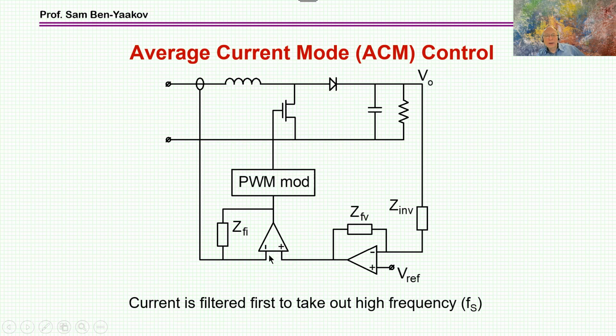And this is why this is not that popular, although it can be done. And some systems work like that, but it is a possibility. The concept is still reducing the order of the system. The compensator is accordingly simpler, but again, it loses some of the highlights of the peak current mode.